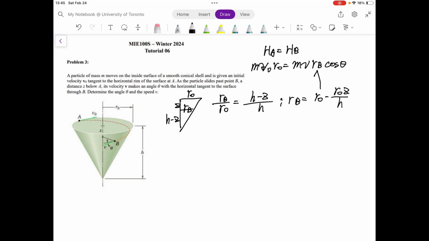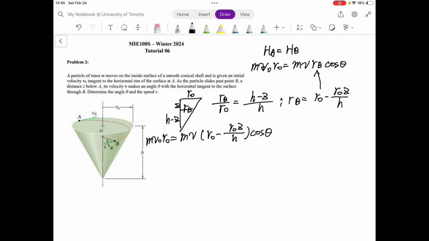So we put it into the equation and we get m v (rO minus rO z over H) cosine theta, which is equal to m vO rO.